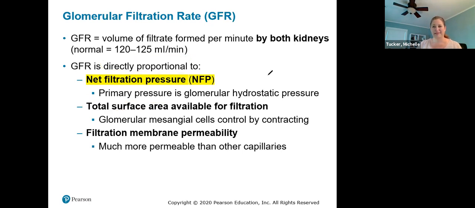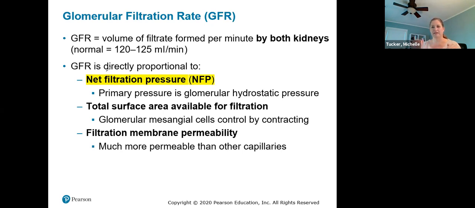But the big message from the slide is GFR, the most important factor is net filtration pressure. And the biggest regulator of net filtration pressure is hydrostatic pressure, because we're not really changing osmotic pressure. Those plasma proteins stay in there.